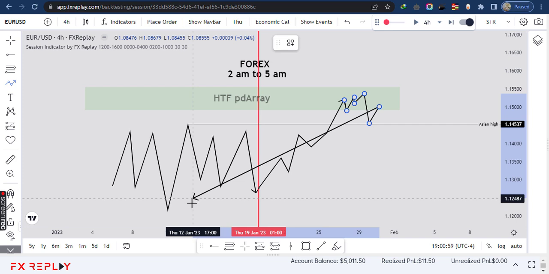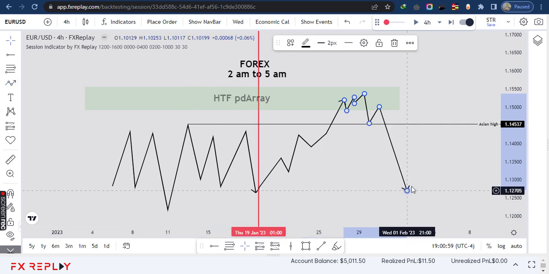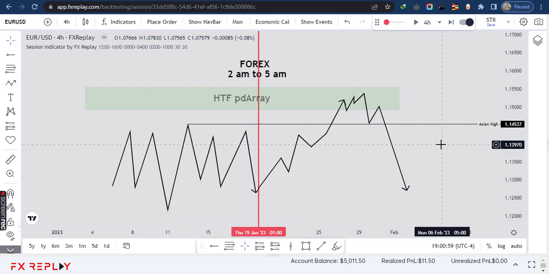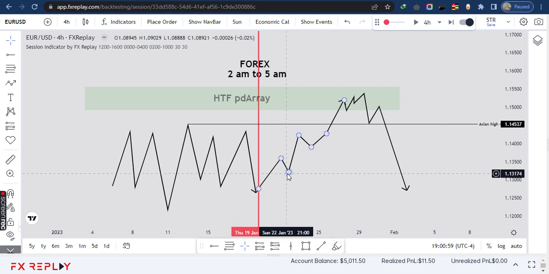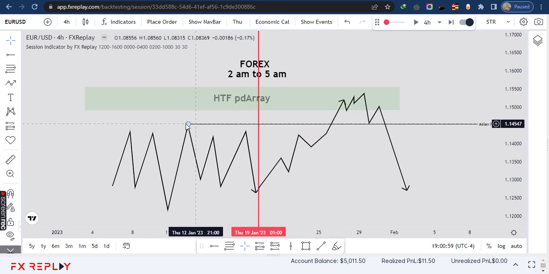Now let's go through this one more time. First of all, after midnight, you want to see price, preferably you want to monitor price on the 15-minute time frame. So just keep it on the 15-minute time frame. When it trades on the Asian session high or low, you want to see a higher time frame PD array above it.